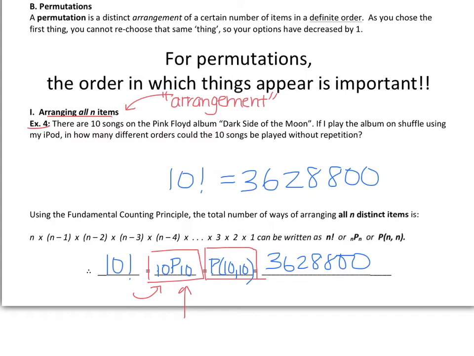And these two notations will become a little bit more evident and useful when we have a certain number of items, but we're not arranging all of them. So that's when we'd use these, but it's a good thing to get a hang of it now. And of course, if we're arranging all 10 items, that's the same as 10 factorial.